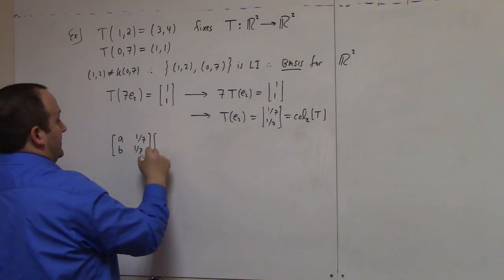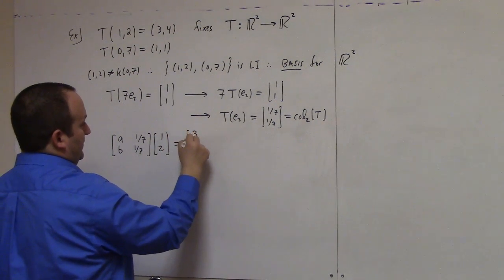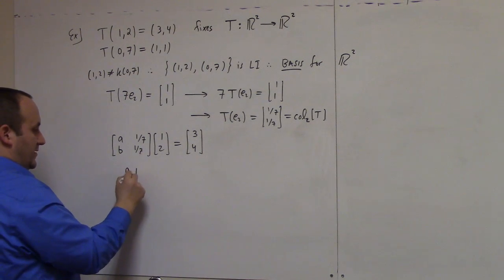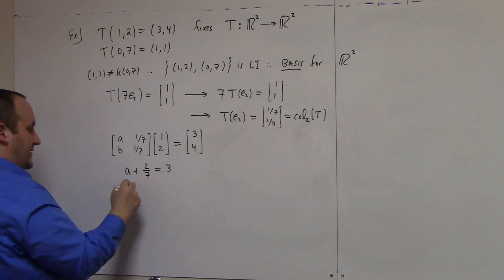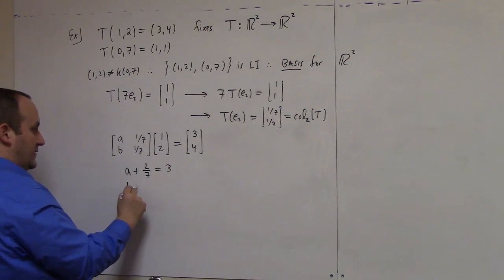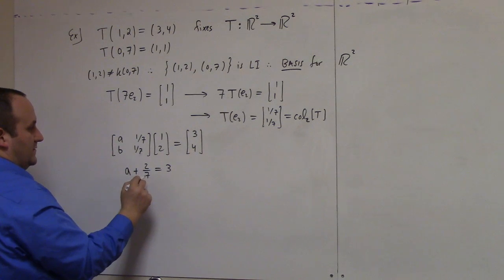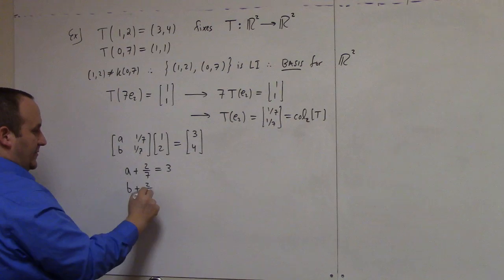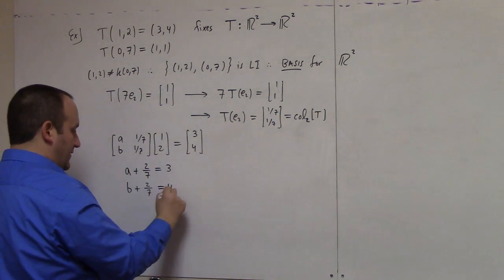I know that this matrix times (1, 2) is equal to (3, 4). So can I figure out what A and B are now? Probably. This is A plus 2/7 is equal to 3. And if you multiply this out, the second component gives me B plus 2/7, and this is equal to 4.